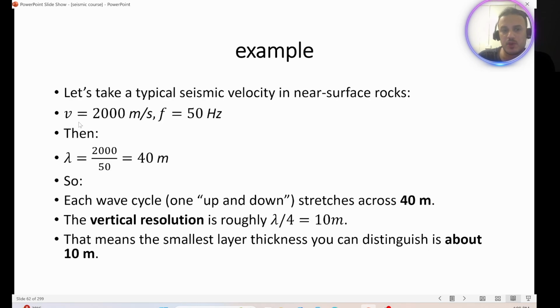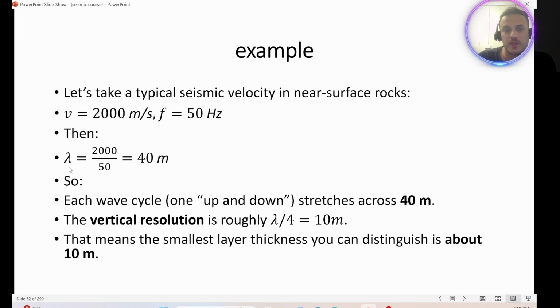We have another example. If the velocity is 2000 meters per second and the frequency is 50 hertz, so we have high frequency, that means we will have low lambda. For this 50 hertz, each wave cycle, one up and down, stretches across 40 meters. Because hertz is cycles per second, the frequency will be stretched within the 40 meter lambda, because lambda is the distance between peak and peak, or trough to trough, within one full cycle.